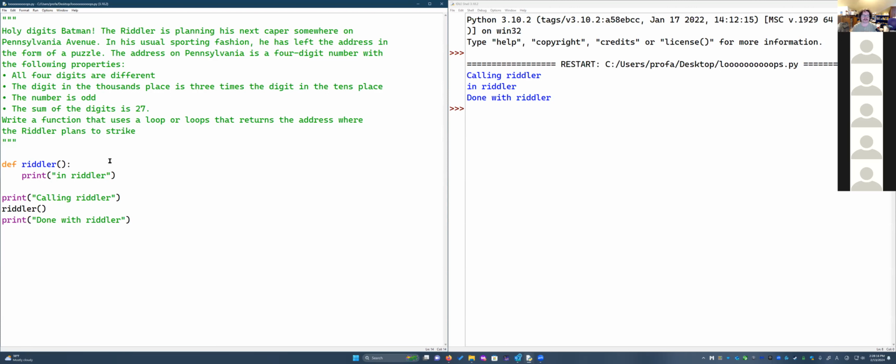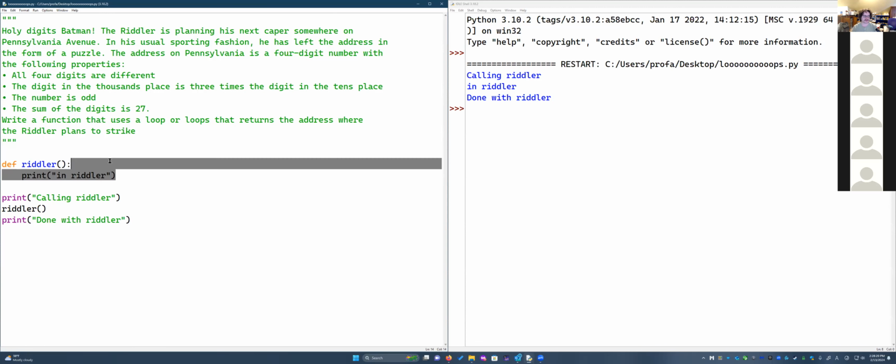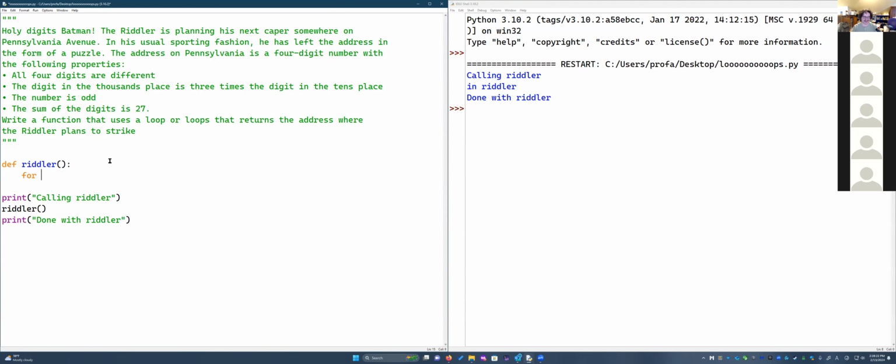Now, how do we look through all the possible 4-digit numbers? We'll use a for loop. Ironically enough, it's a nice homonym. For num in range.